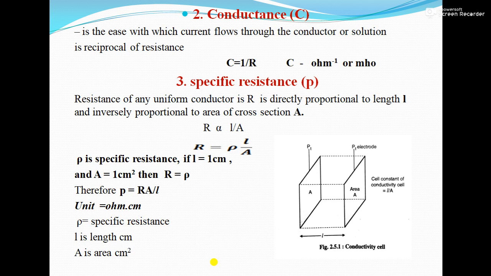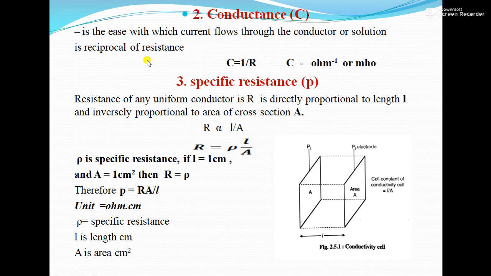So next is conductance. The symbol is capital C. The definition is the ease with which current flows through the conductor or solution.